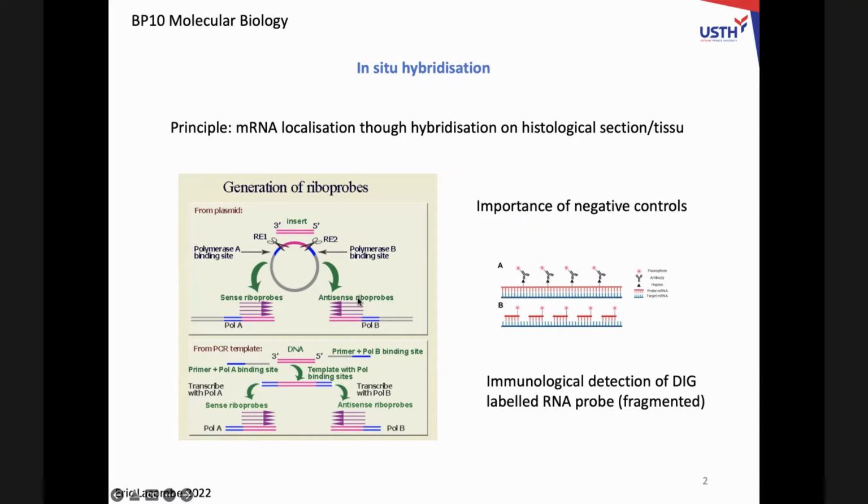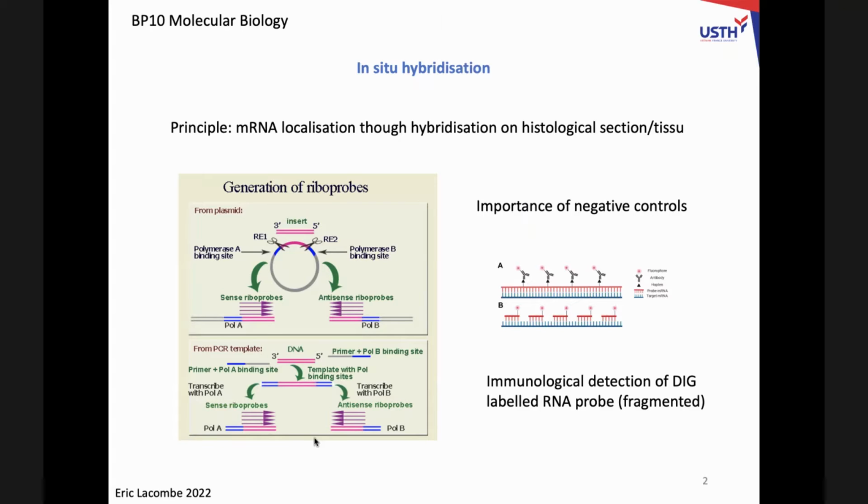So these probes will give you the signal of expression, and the control probes, to have an idea of the background, are called sense probes. Sense probes are RNA probes that are exactly the same as the mRNA present in the cells. Because they are identical, they will never be able to hybridize together.